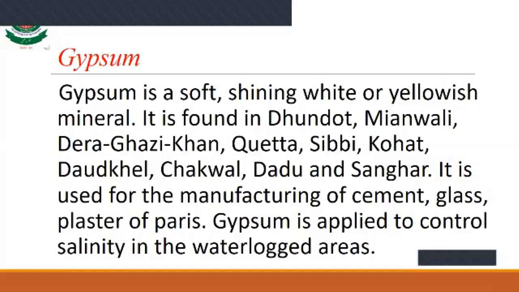It is found in Dhundat, Miawali, Dera Ghazi Khan, Koita, Sibbi, Kohad, Dudkhel, Chakwal, Dadu, and Sangar. It is used for the manufacturing of cement, glass, and plaster of Paris. Gypsum is applied to control salinity of waterlogged areas.